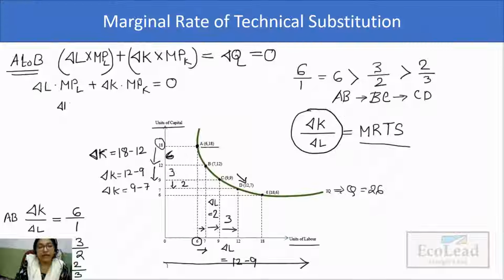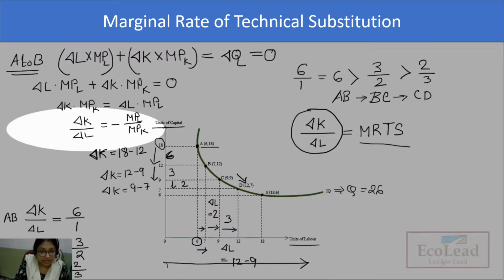So in this case we can write del K multiplied by MPK equal to minus del L multiplied by MPL, or we can write that del K by del L is equal to minus MPL by MPK. So this del K by del L is the MRTS, or marginal rate of technical substitution.